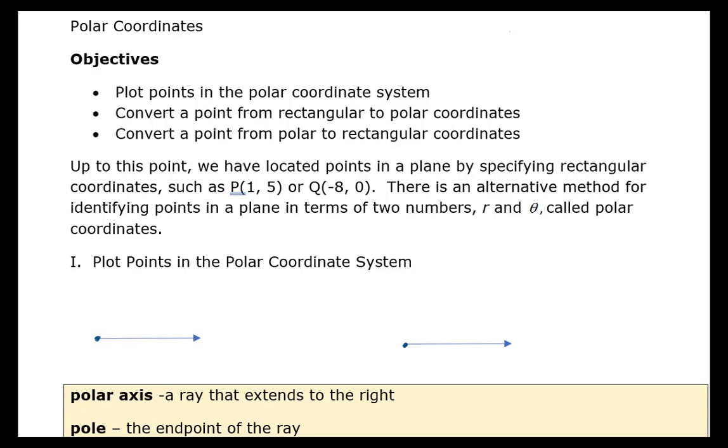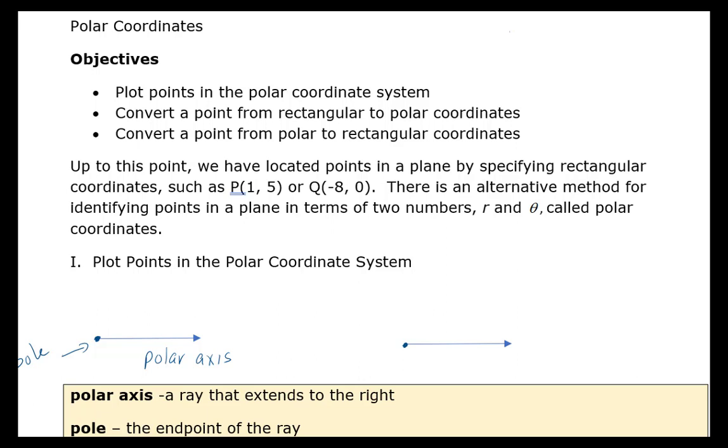We're going to start off with a polar coordinate system, which is basically a polar axis, which is a ray that extends to the right. If we look down here, we've got a ray that extends to the right, and the point on the end is called the pole. We have our ray, which is our polar axis, and we have a pole, which is the endpoint.